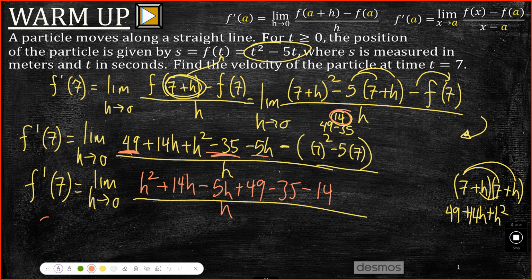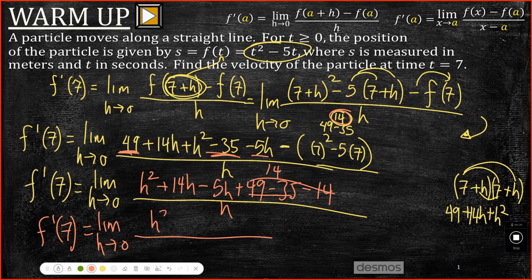Okay, so f prime at 7 will equal the limit as h approaches 0. We continue on. 49 take away 35 is 14, but then we've got 14 minus 14, so this whole thing goes away. For the remaining parts, we can subtract 5h from 14h.